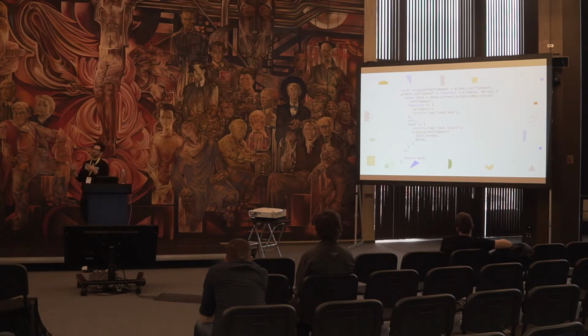And here, I can call the original setTimeout method, passing it the task function that I gave to setTimeout, and just giving it the delay. And then I'm returning the task. So this allows me to track when this asynchronous operation was done, and I can do things when it completes and when it starts.